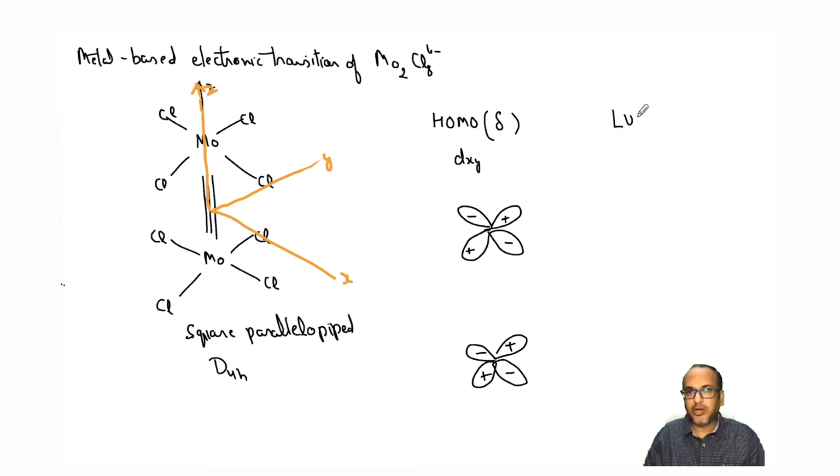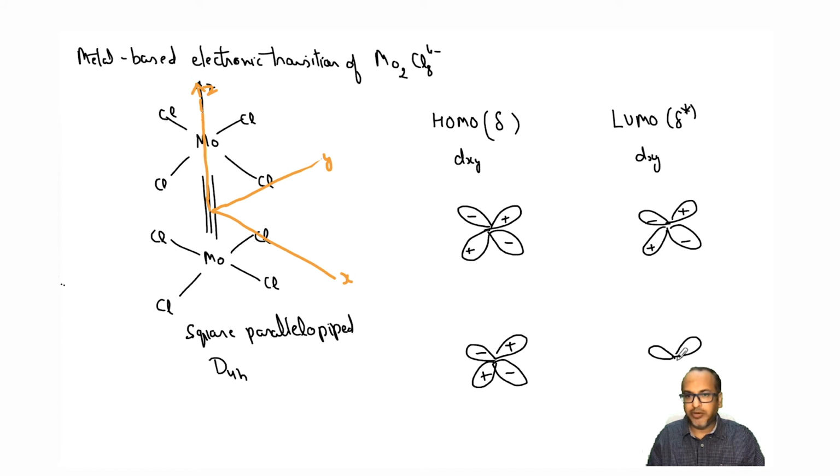And the lowest unoccupied molecular orbital, which is delta star, is also composed of dxy, but now there is a change in symmetry. This one is the same, whereas here there is a change of negative and positives.